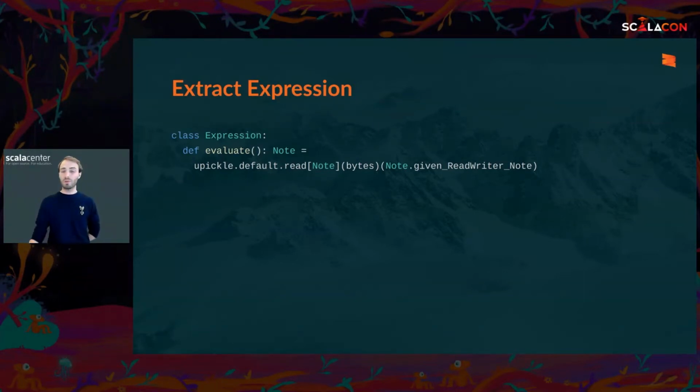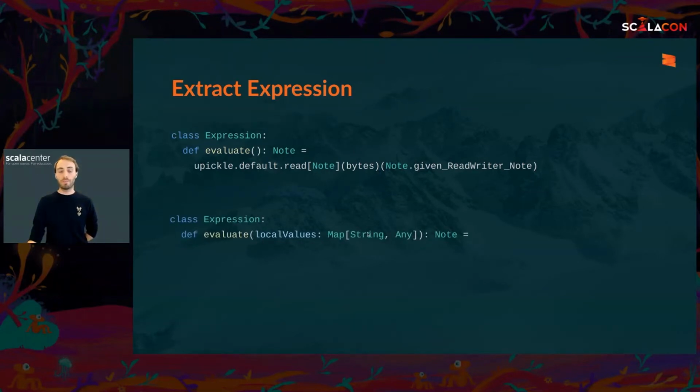So this is almost it, but there is a problem, and the problem is that bytes is a local variable and it's not accessible anymore. But the debugger here can access bytes from the thread, so it can inject it and all other local variables into the evaluate method. So now the evaluate method takes a map of local values.